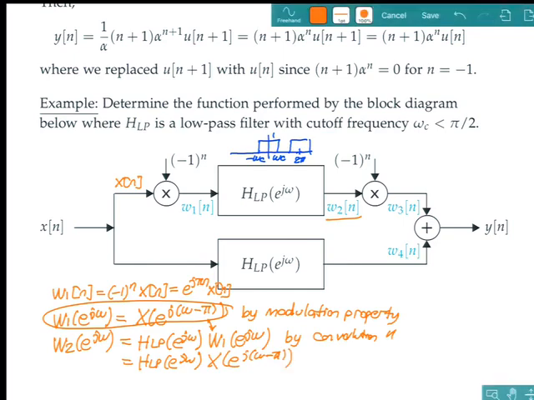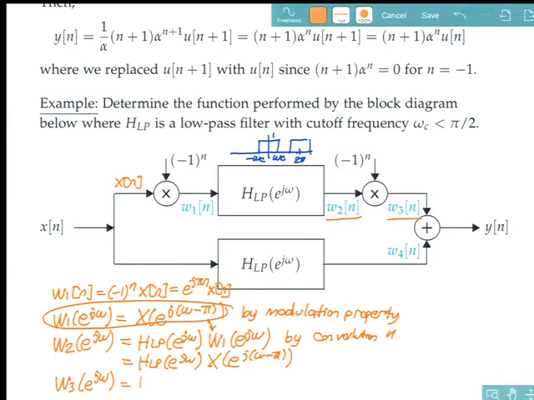Okay. Now, what is W3? Which is here. W3 of n again is negative 1 to the n times W2 of n. So that basically shifts the spectrum of W2 by pi.